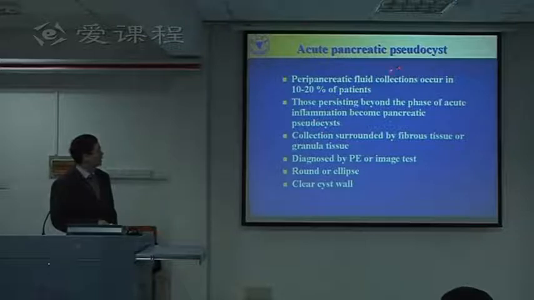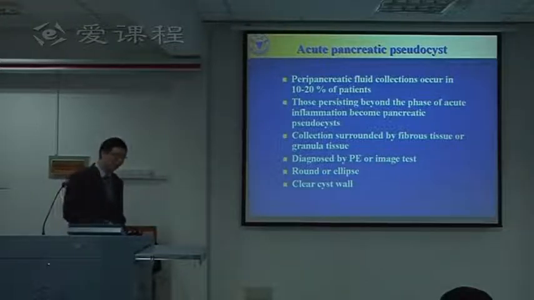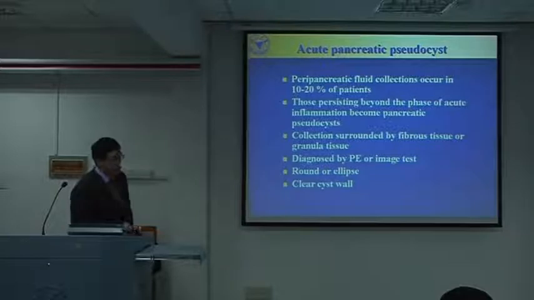We can diagnose this from ultrasound or CT scanning. So we have an area of necrosis, and around that area we have a collection of fibrous tissue and granular tissue. Only that is called a pseudocyst.